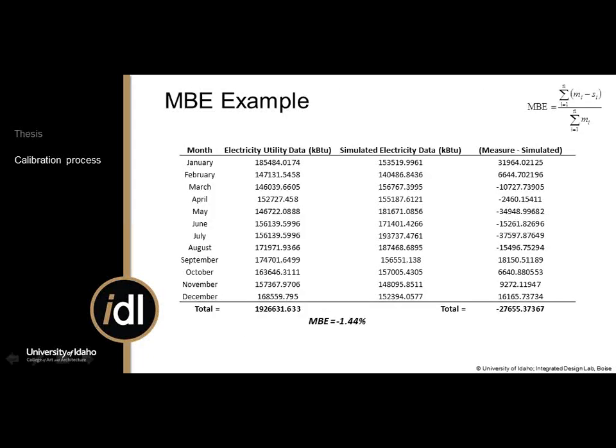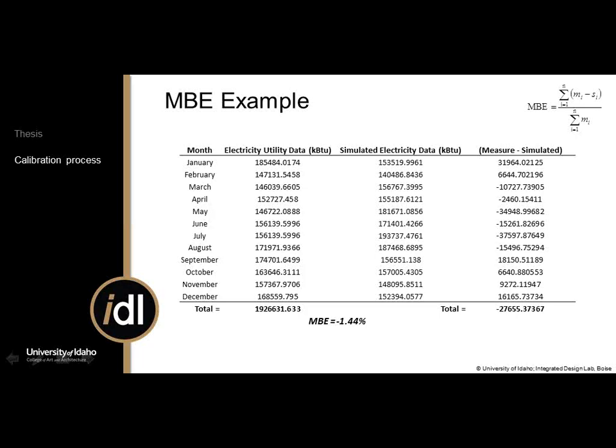So an example of the mean bias error is, we took utility data from one of the calibrated models done by Jake, and the simulated results down in this column. We take the utility data minus the simulated and get all the differences. As you can see, there are some positive numbers, some negative numbers.